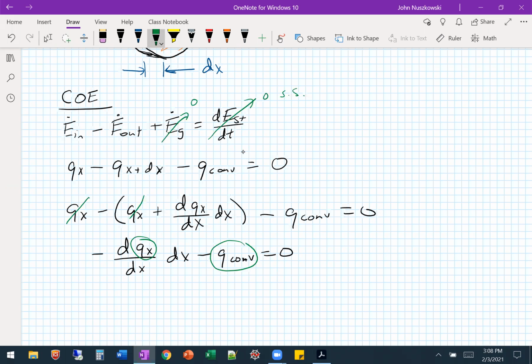What do we put in for there? Fourier's law. Yeah. All right, so we have Fourier's law substituted in there for Qx, and it's Q, not Q double prime, so we have to have the area there.